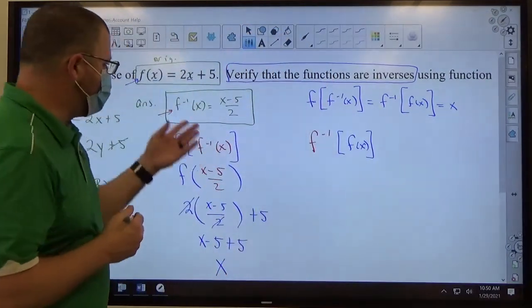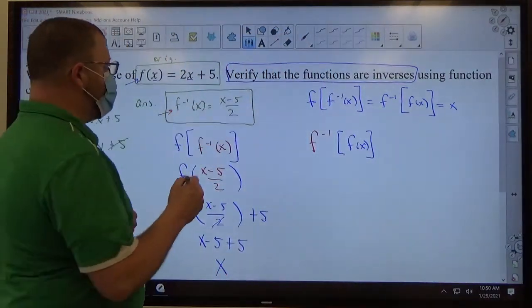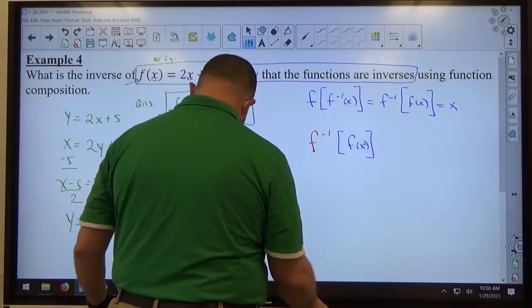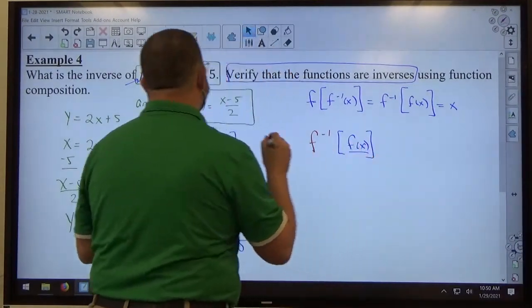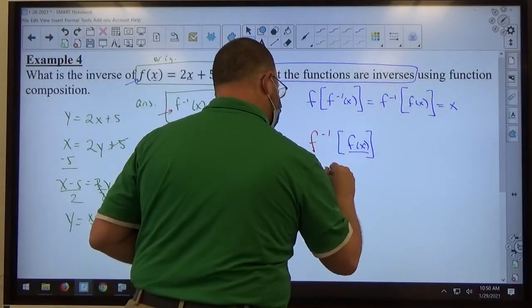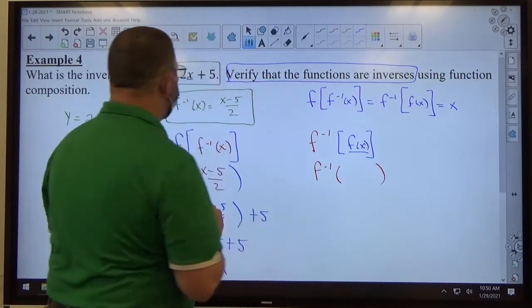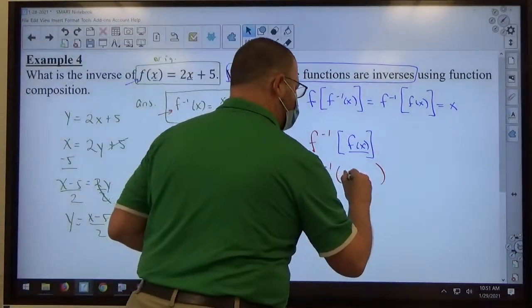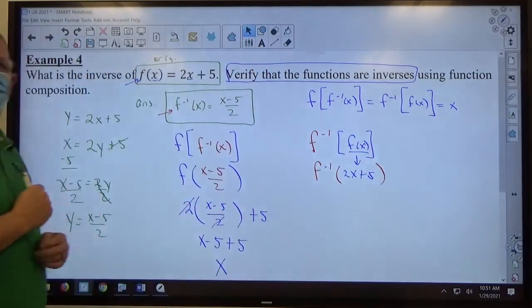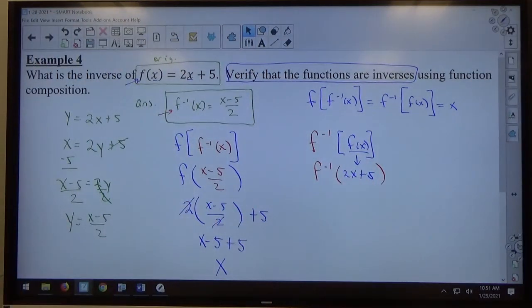All right, so just like I did over there, f inverse of f of x is that thing, right? F of x is there, and f of x is this function up here. So this means f inverse of 2x plus 5. Again, just like we did function compositions last chapter, change f of x to what f of x is.